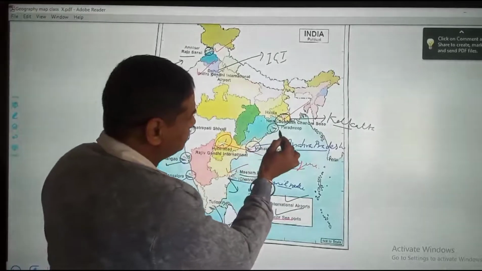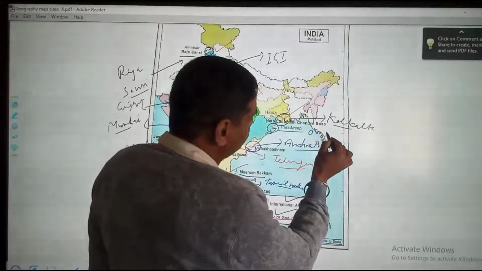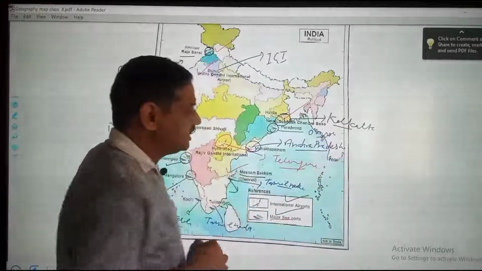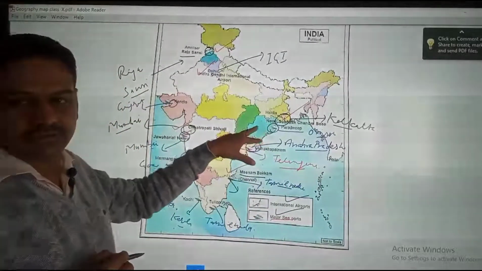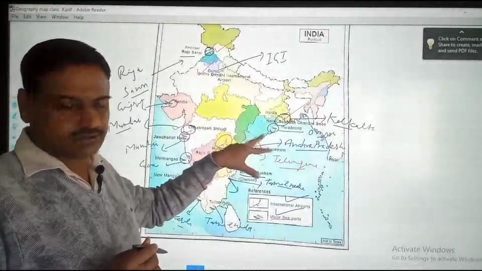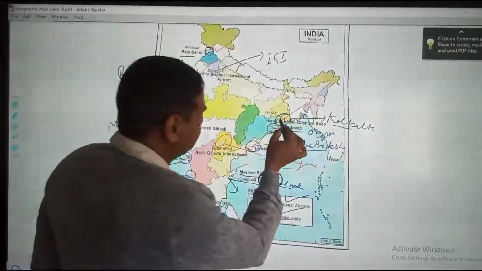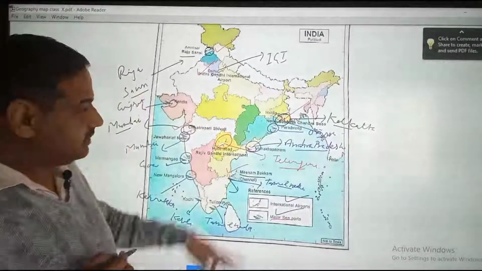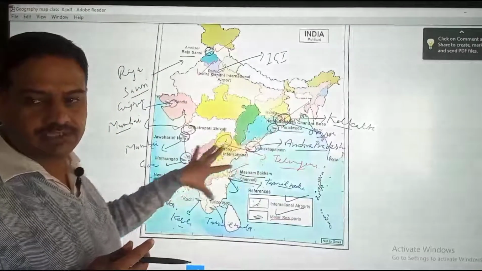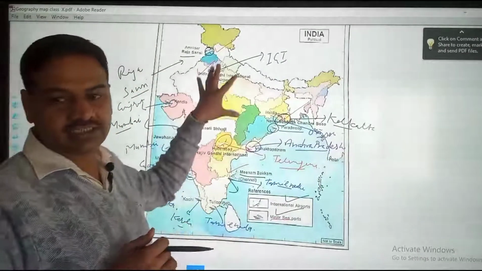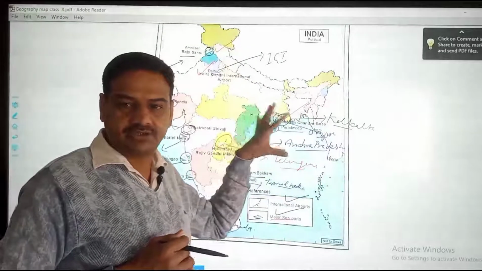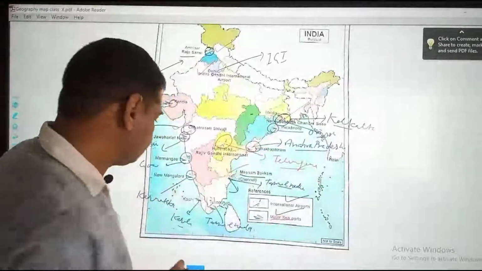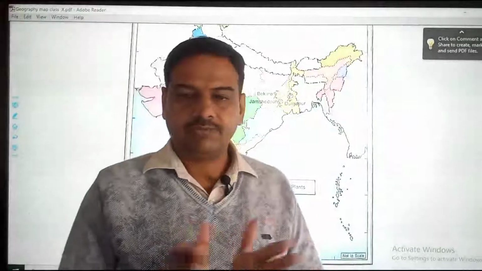And Paradip in Odisha is also an iron export port. Next is Haldia, near Calcutta in West Bengal. So these are the major ports and international airports prescribed in your map this year. That's all for the map today.